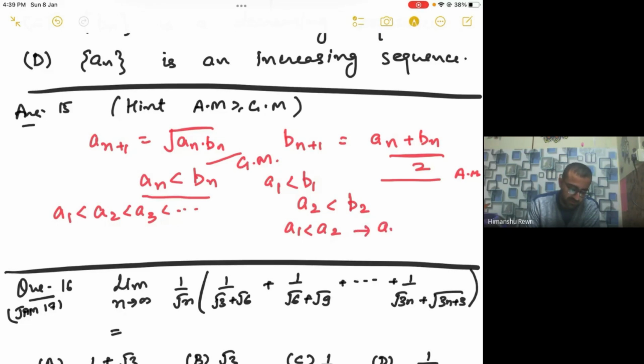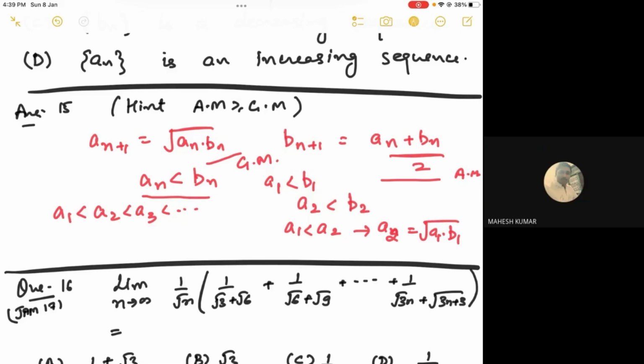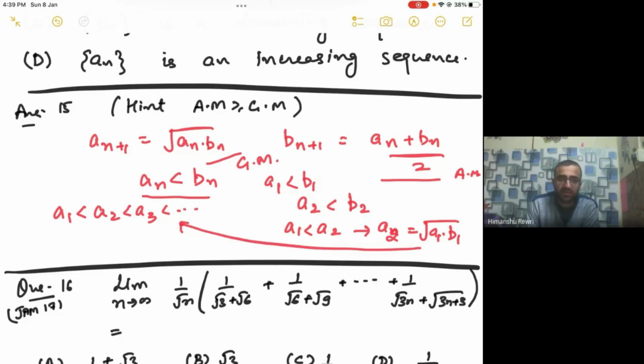The reason is An plus 1: for n equals 1, A2 is the root of A1 into B1. With a similar argument, A2 is less than A3.